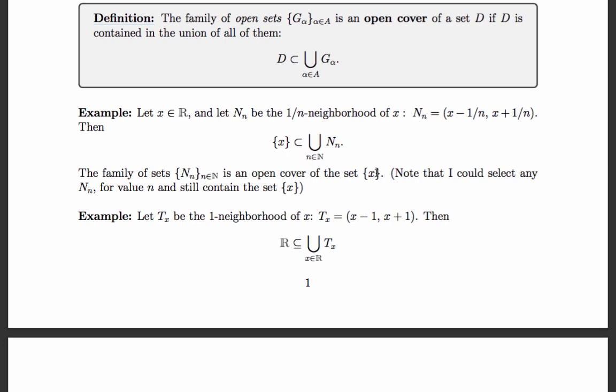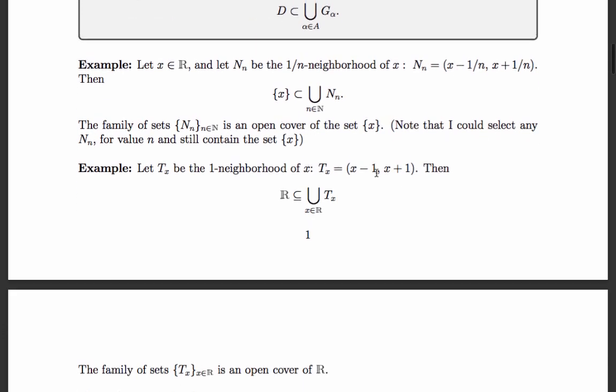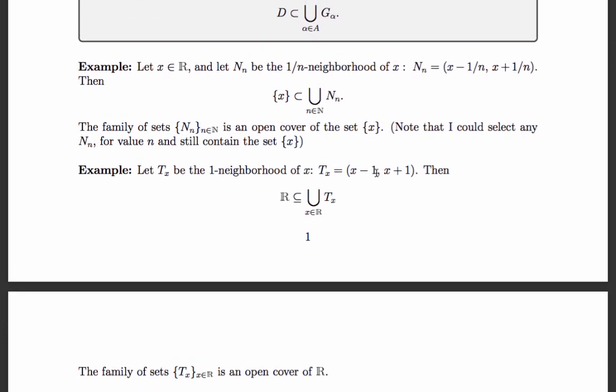In fact, the entire real line would be contained in it. Of course, it would also be equal to it because everything in every Tx is also a real number. But for the sake of giving an example of a cover, the family of sets Tx for all X in R is an open cover of R.